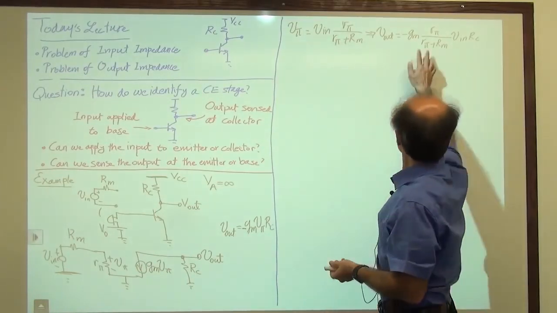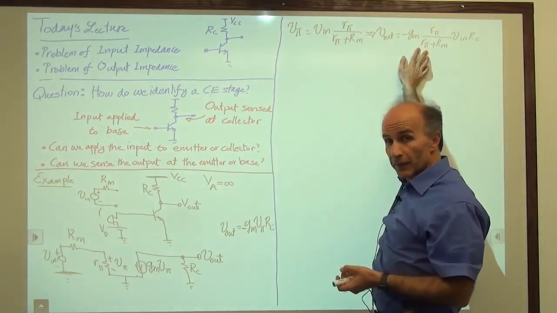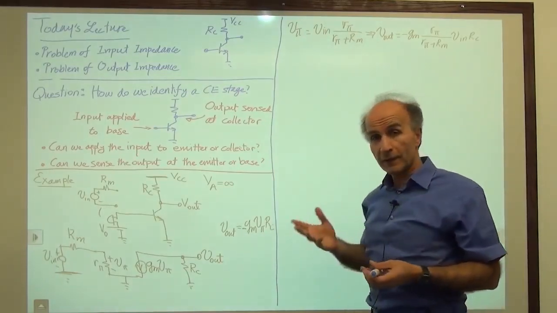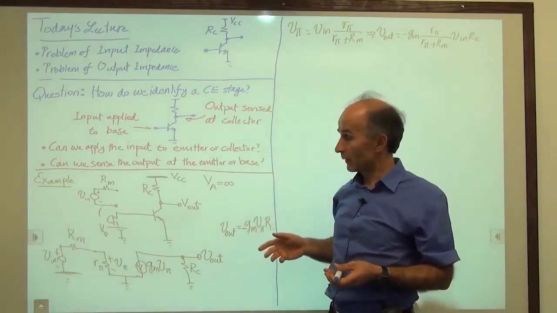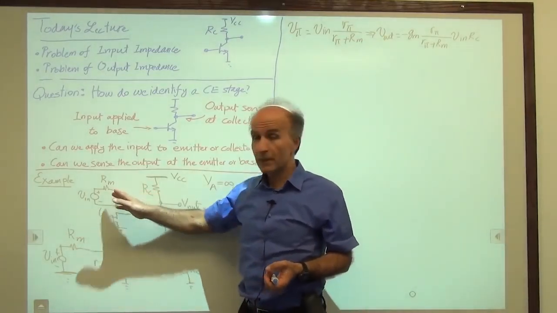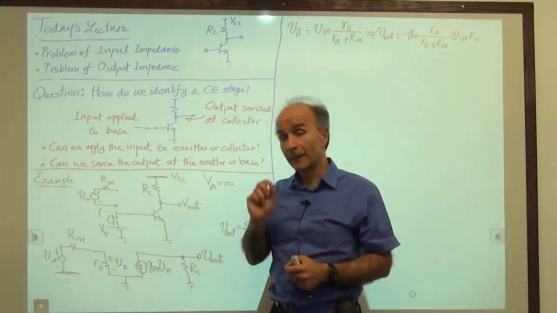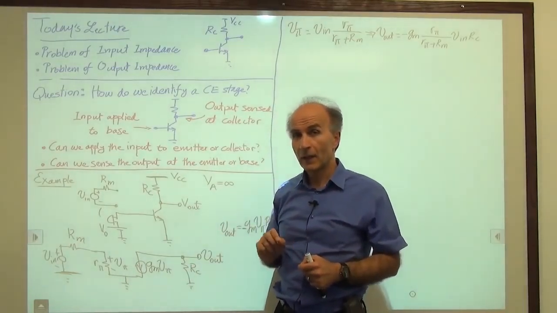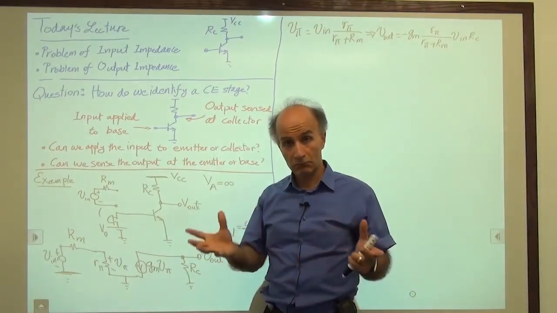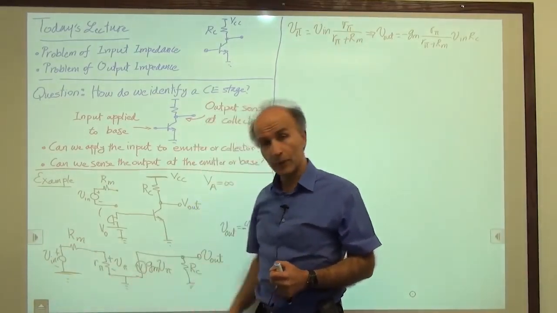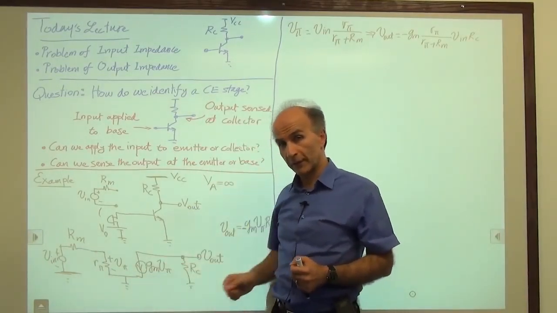Whether Rm is 2.6 kilo ohms depends on the microphone. In some microphones, Rm is small, maybe 100 ohms. In some, it might be larger. But the key point is that if Rm is some appreciable value, we have attenuation at the input before we amplify.